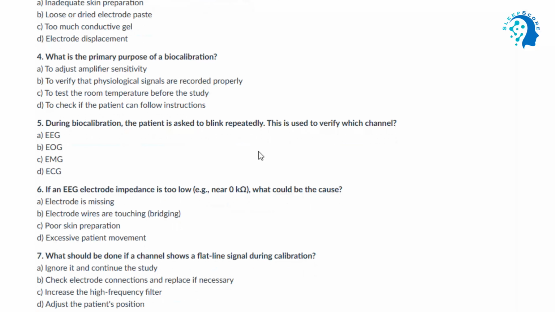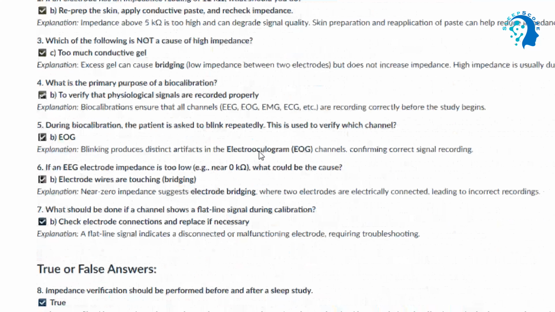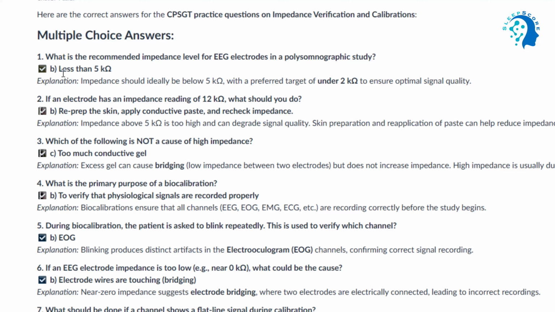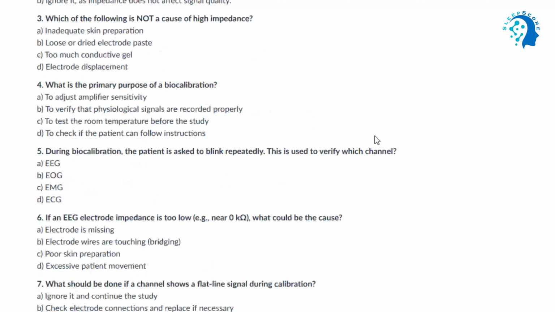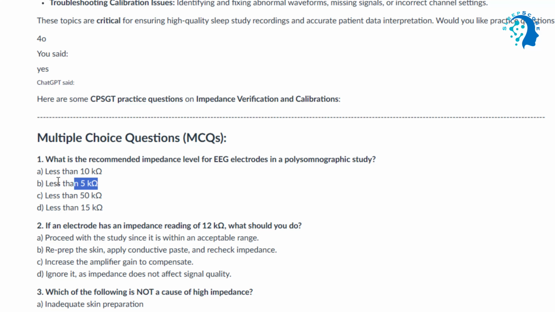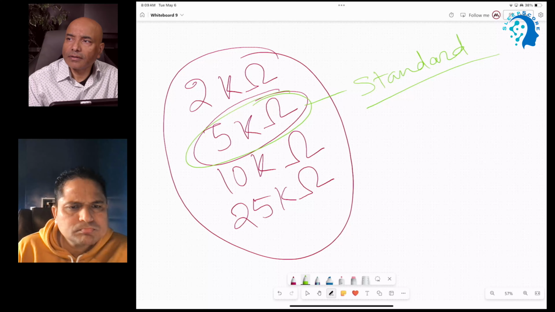The answer is B, less than 5 kilo ohms. Impedance should ideally be less than 5 kilo ohms, with the preferred target being less than 2 kilo ohms, but if the question comes, this is the standard. Does it make sense? Do you understand?